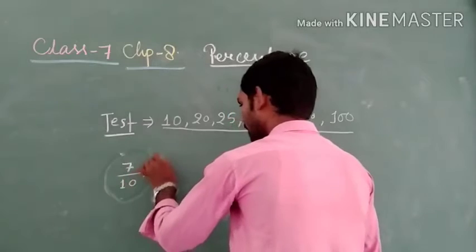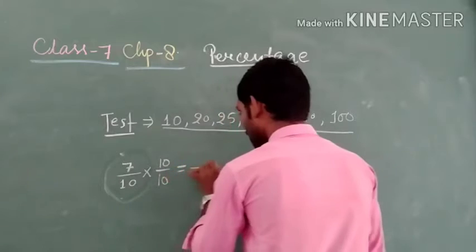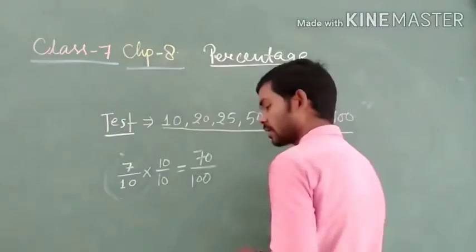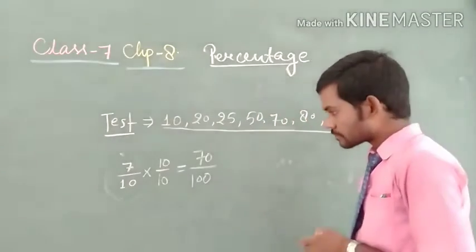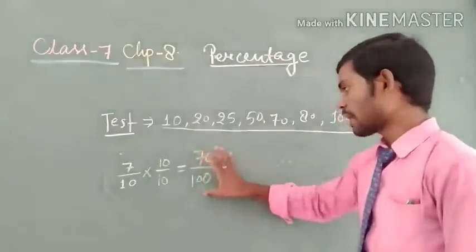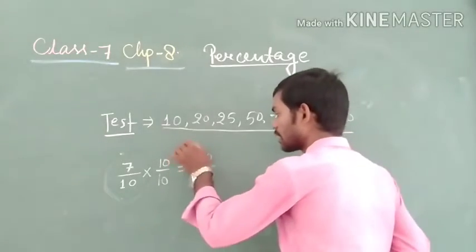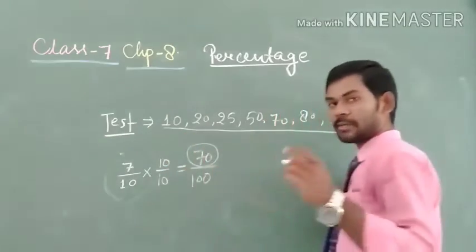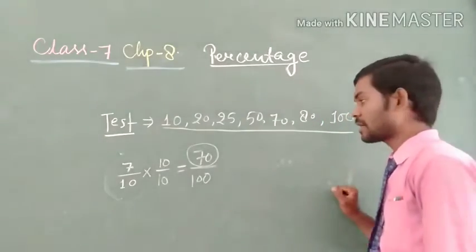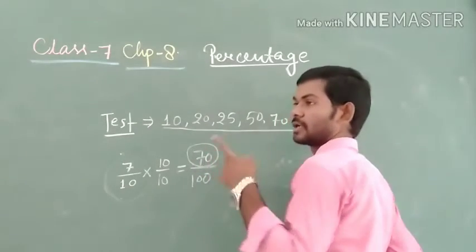So multiply by 10 upon 10, and hence we get the denominator as 100 and 70 above. Now we can see that 7 upon 10 is equivalent to 70 upon 100, and here we obtain 70 marks out of 100.